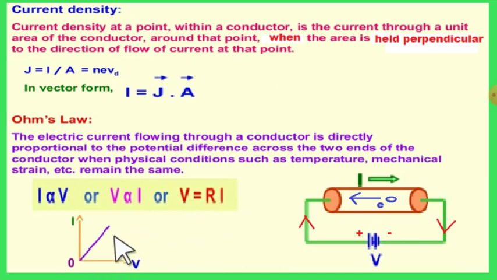So your potential difference and current graph will be a straight line passing through the origin. This is the VI graph given by Ohm's law, and those materials which follow this Ohm's law, that is V directly proportional to I, we call ohmic materials.